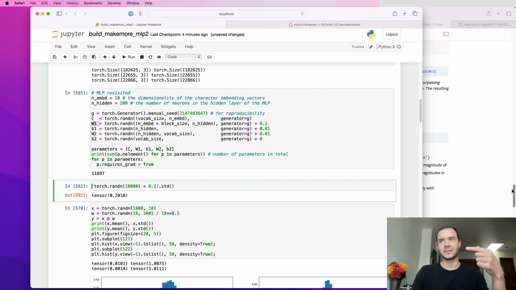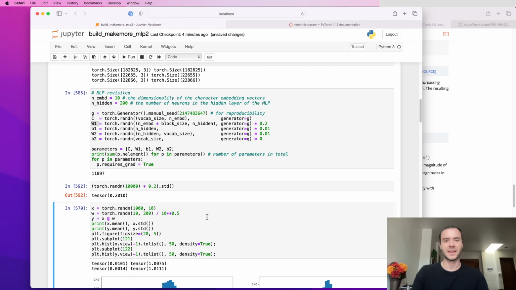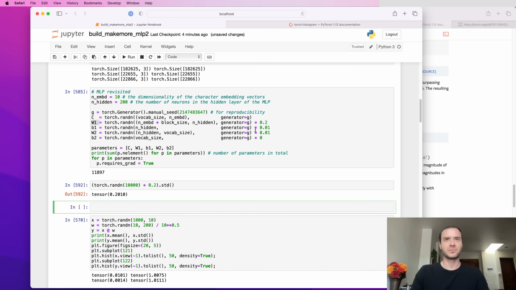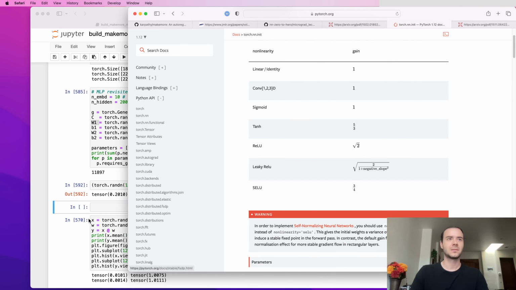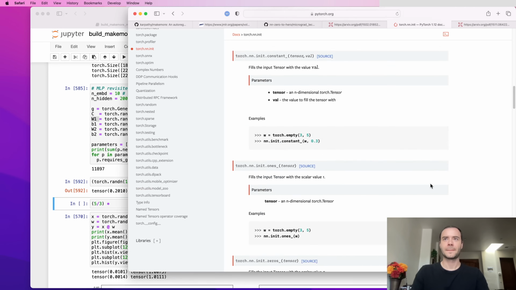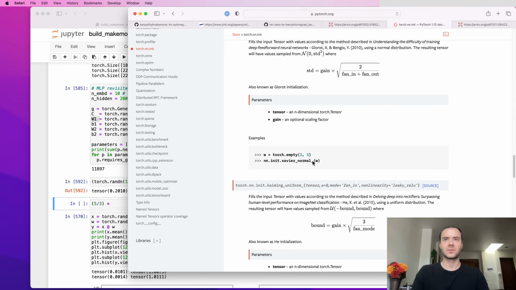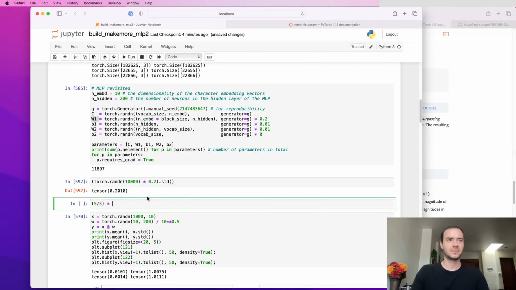But we want to set the standard deviation to gain over square root of fan mode, which is fan-in. So in other words, we want to multiply by gain, which for tanh is 5/3. 5/3 is the gain, and then divide by the square root of the fan-in.